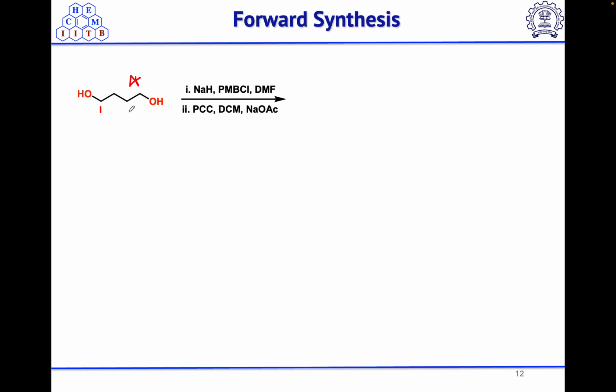If we treat this molecule with one equivalent of PMB chloride, only one alcohol will get protected. In the presence of sodium hydride and one equivalent of PMB chloride, we will get the one-hydroxy PMB protected compound. The other free hydroxy group will be oxidized using PCC, pyridinium chlorochromate, to give the aldehyde on the other side. So we will have OPMB on one side and the aldehyde on the other side. This is the compound.